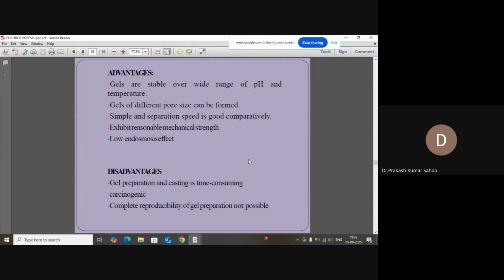What are the advantages? Gels are stable over a wide range of pH and temperature. Then gels of different pore sizes can be formed.